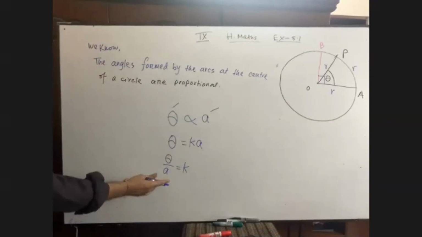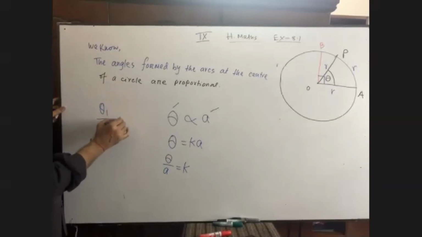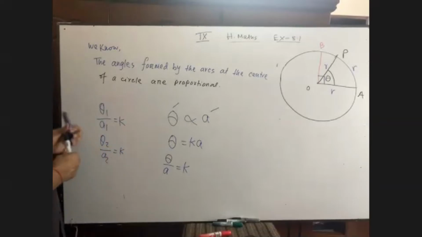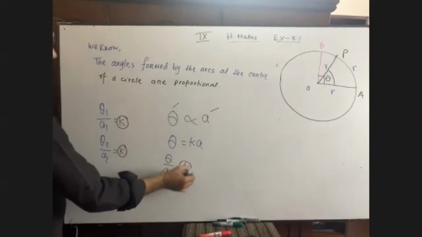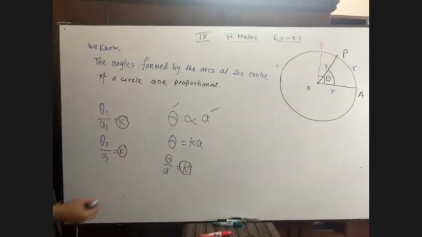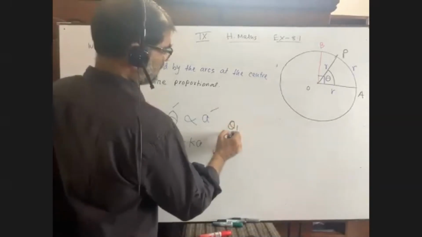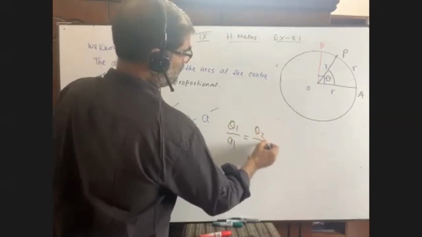So it is true for all. Theta 1 by A1 is also K. Theta 2 by A2 is also K. Now you see, our right hand side is always K. That means the left hand sides are equal. That means theta 1 by A1 is equal to theta 2 by A2.